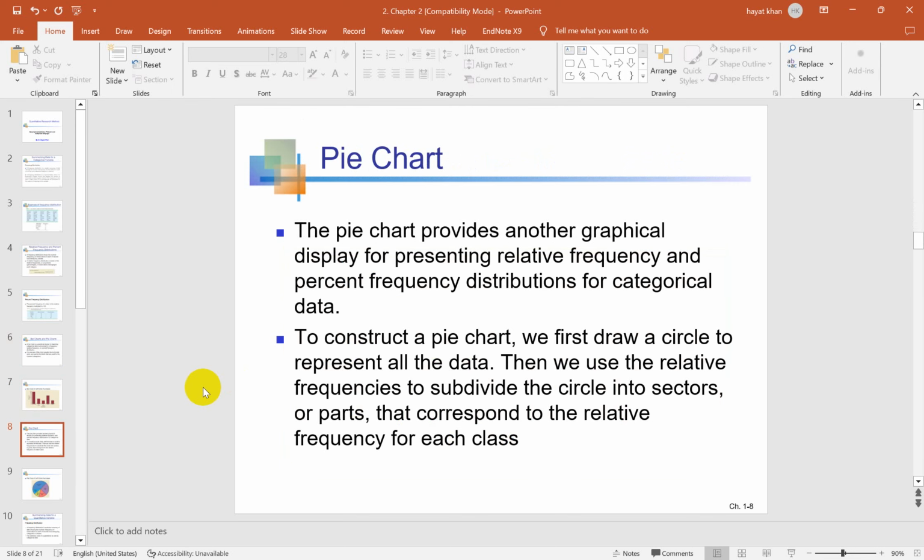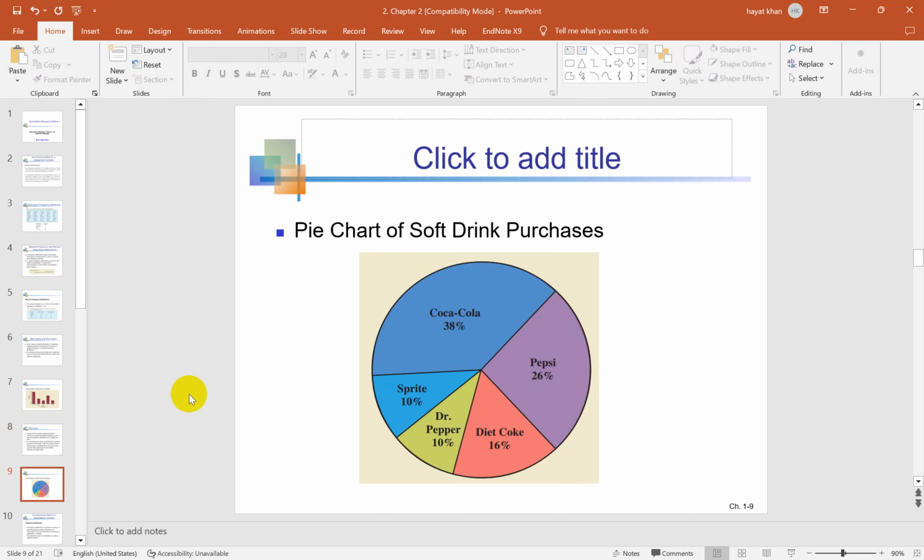Pie chart. The pie chart provides another graphical display for presenting relative frequency and percent frequency distributions for categorical data. To construct a pie chart, we first draw a circle to represent all the data, then we use the relative frequencies to subdivide the circle into sectors, or parts, that correspond to the relative frequency for each class.